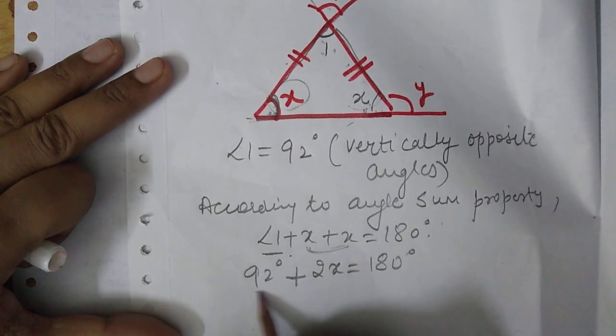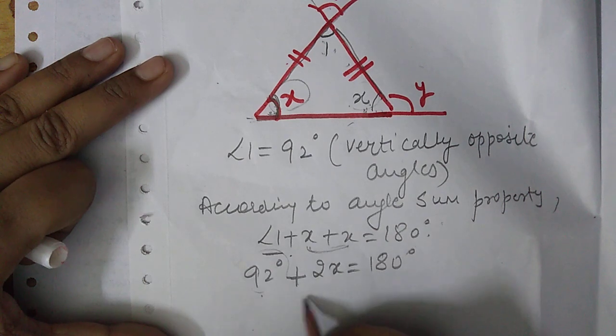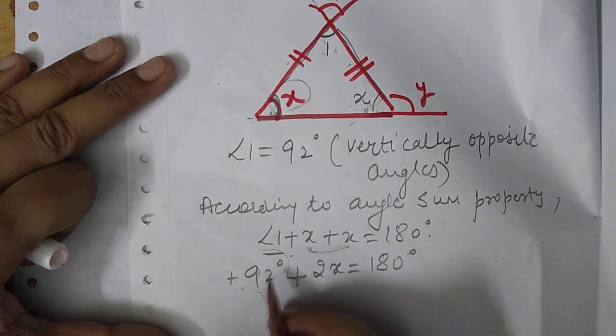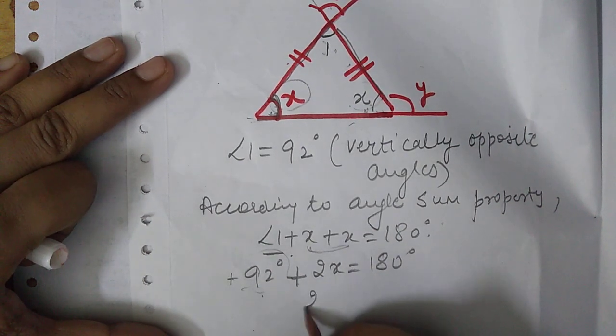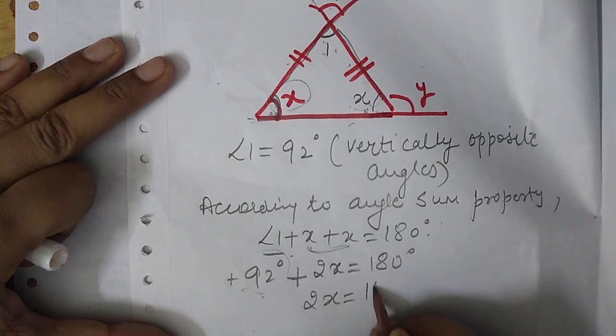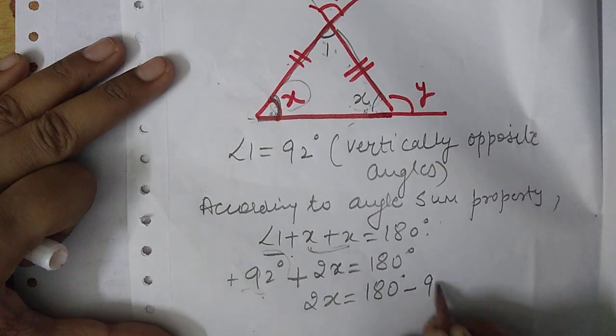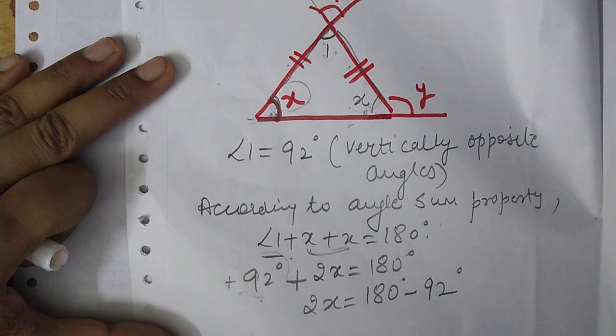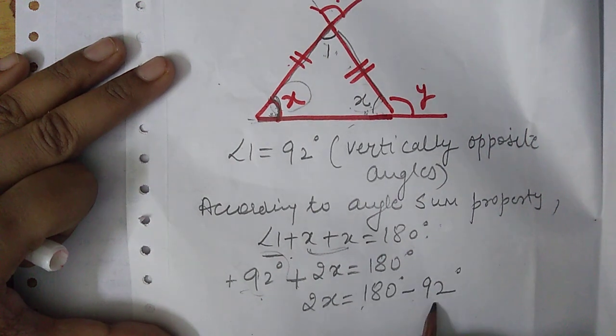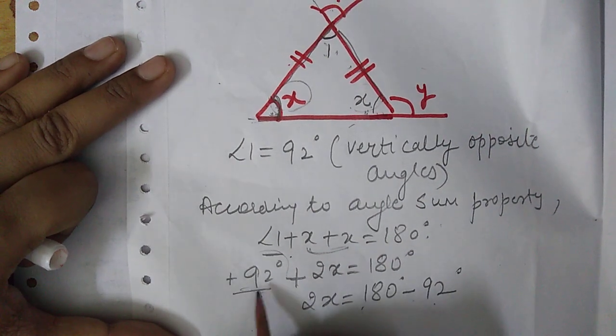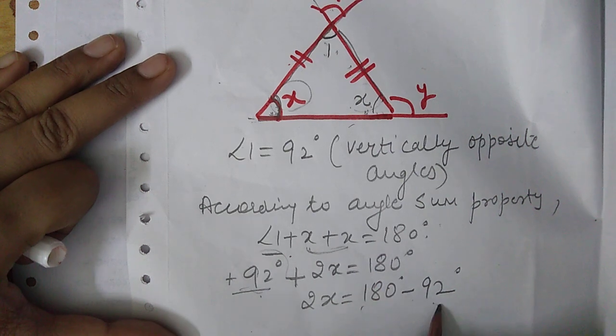Okay, so first I have to shift this. It is in plus sign, so if it changes its side it will be minus. So 2x is equal to 180 degrees minus 92 degrees, because this is positive, so if it changes its side it will be negative.